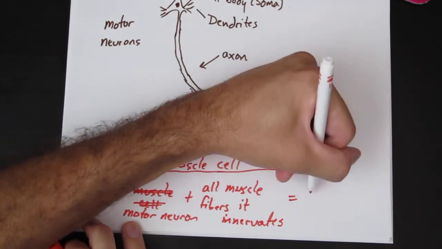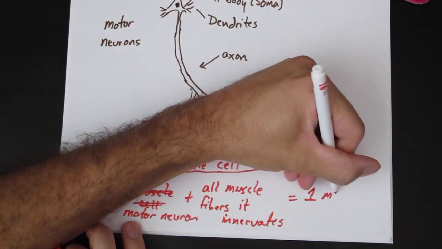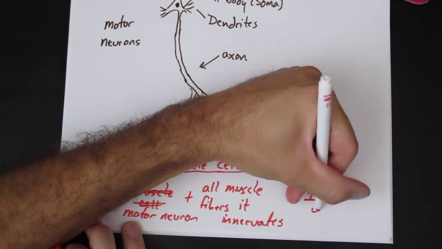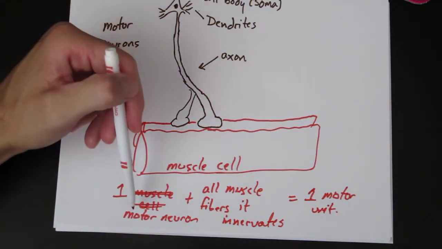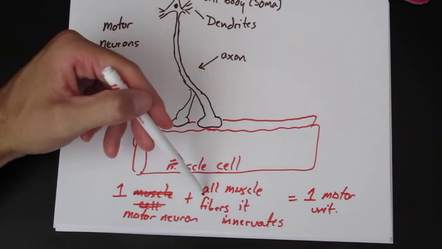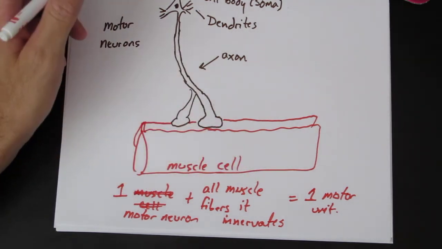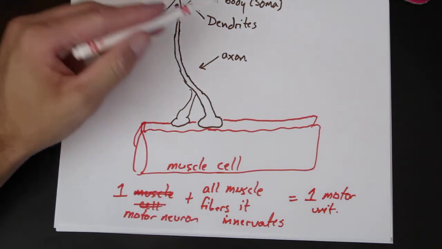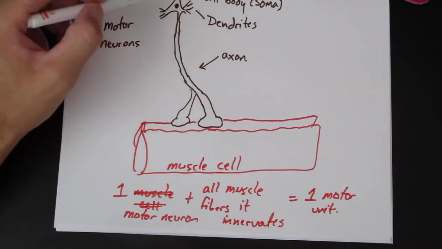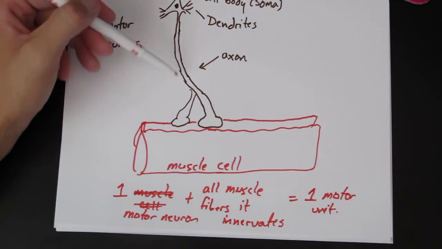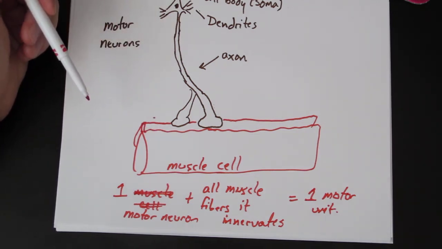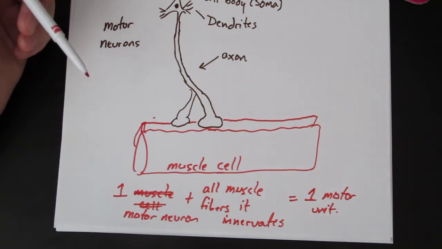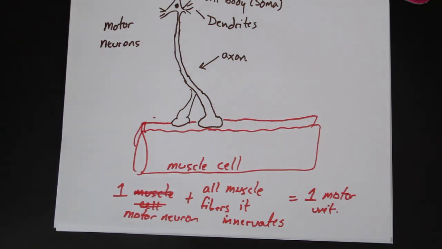We call that a motor unit. So one motor neuron plus all of the muscle fibers it innervates is called one motor unit. What we've drawn in here is essentially a motor unit. We've drawn a single motor neuron and two muscle cells that it's going towards. This would obviously be a very small motor unit, but we do have small motor units in our body.